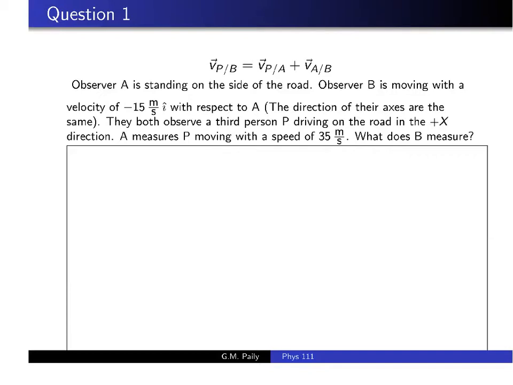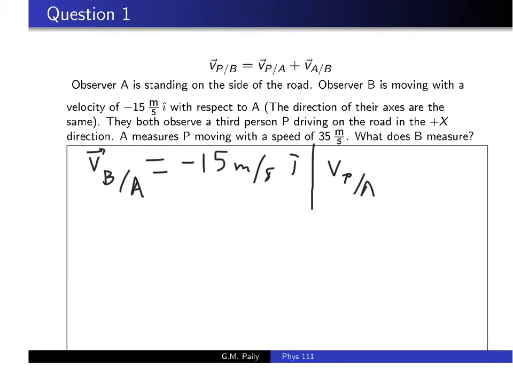We are given that the velocity of B with respect to A is negative 15 meters per second I hat. We also have that the velocity of P with respect to A is positive 35 meters per second I hat.